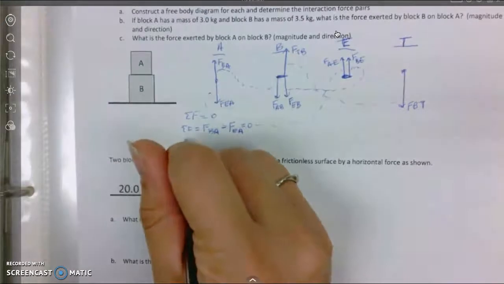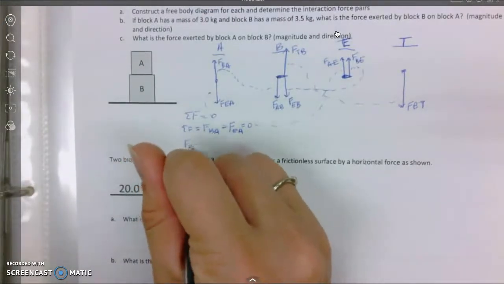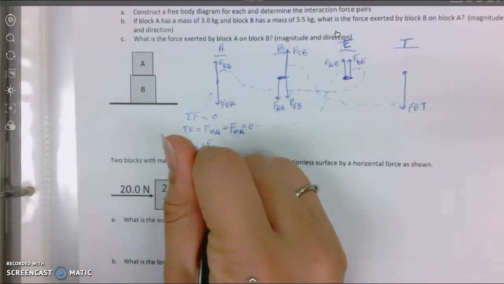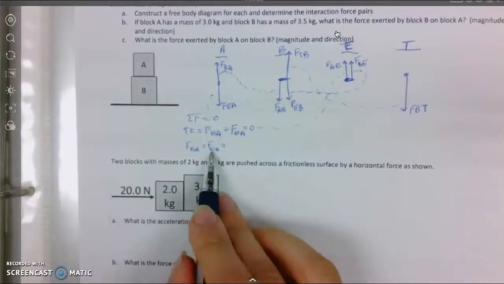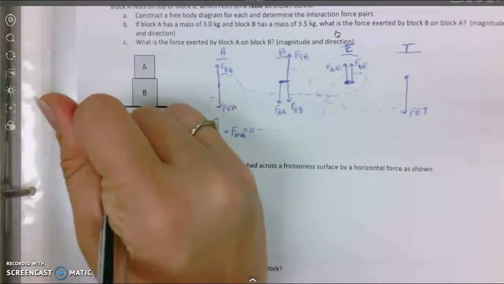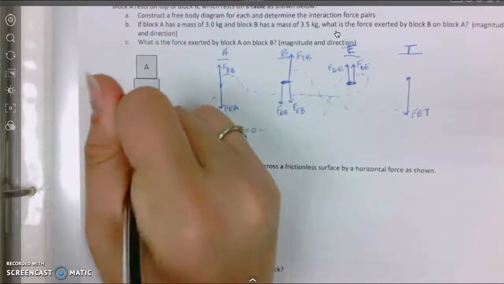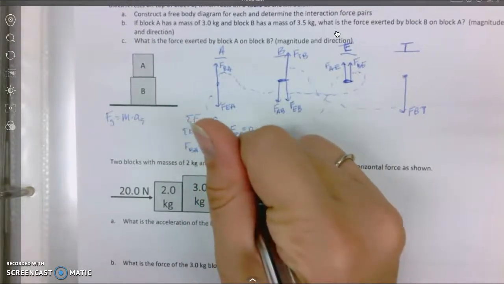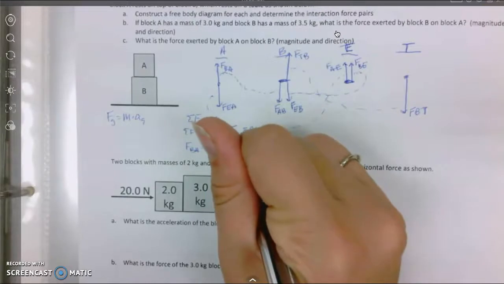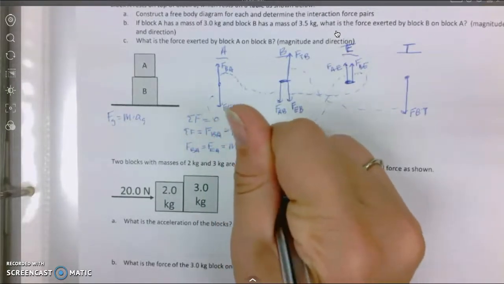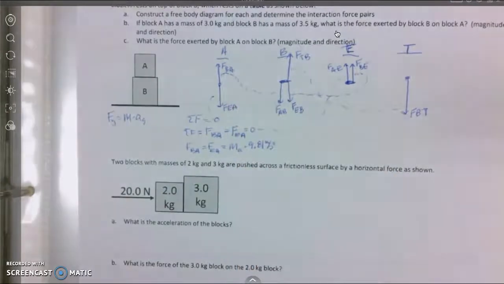So we could say that the force of B on A is equal to the force of Earth on A. And again, that's just gravity, right? And so that equation, force of gravity, is mass of the object times acceleration due to gravity. So this would be mass of object A multiplied by the acceleration due to gravity, 9.81 meters per second squared.